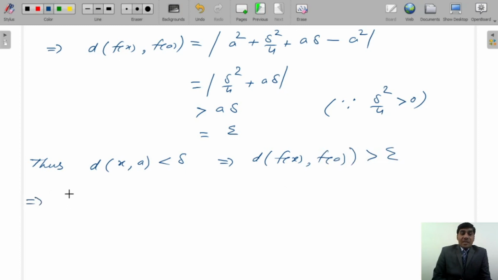This implies f is not uniform continuous. So every continuous function need not be a uniform continuous function.